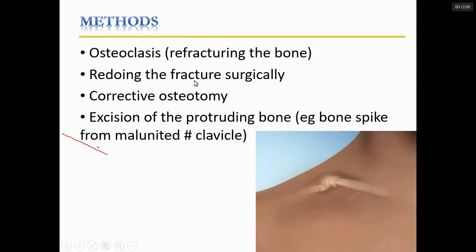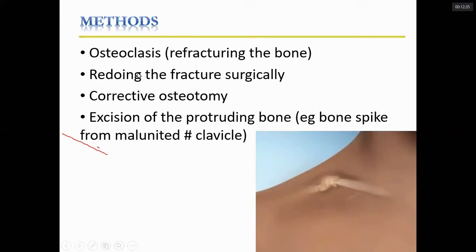Another method of treating is redoing the fracture surgically, meaning you go inside, you open the fracture, you create the fracture, and then you fix it. So this is a closed method, this is an open method. Corrective osteotomy: sometimes what happens, we do not open the fracture, it is united in an abnormal position. So you do osteotomy, you cut the bone.